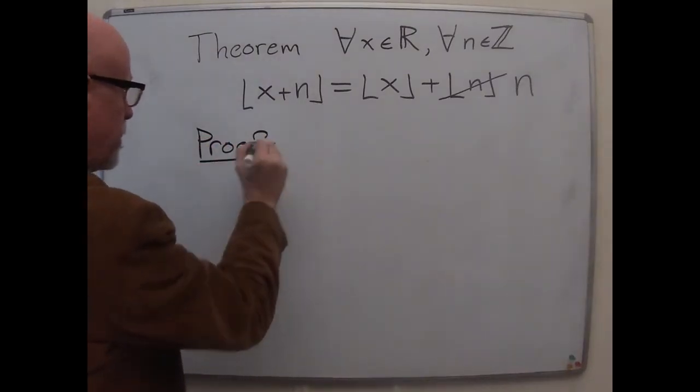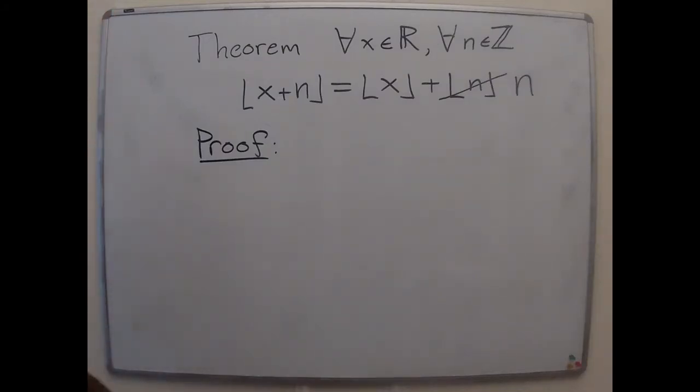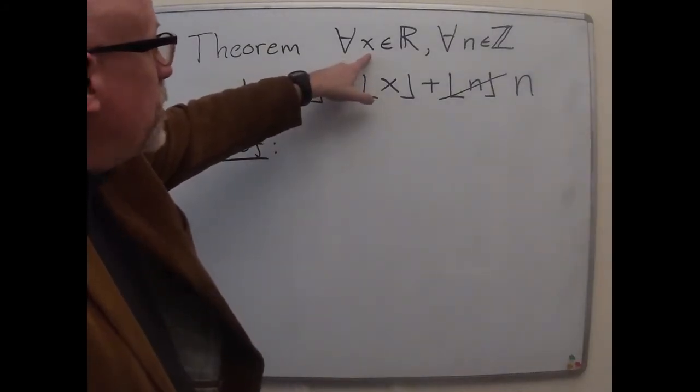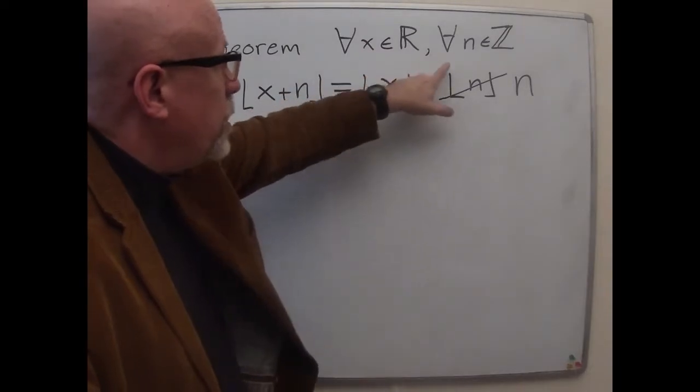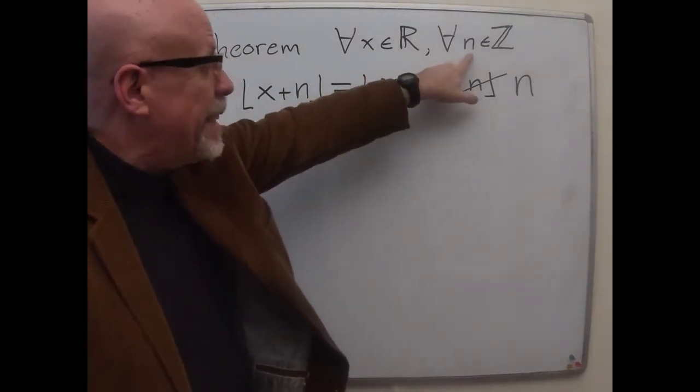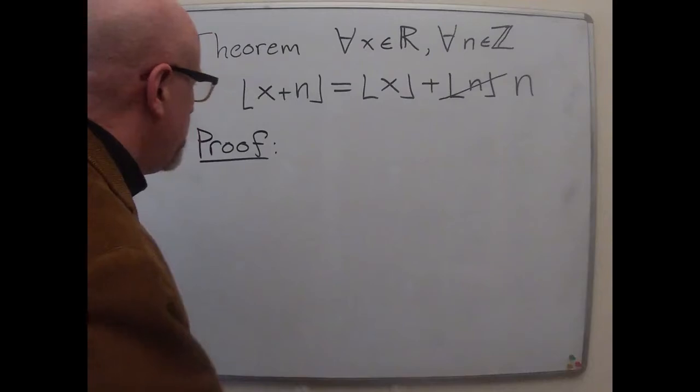What's our initial boilerplate sentence going to be? We've got a particular but arbitrarily chosen x, that's a real number, and a particular but arbitrarily chosen n, that's an integer.